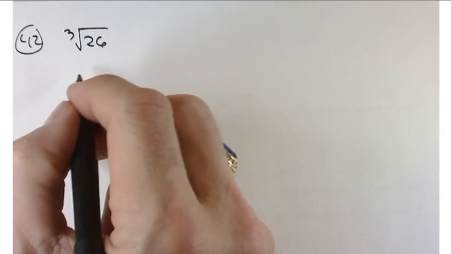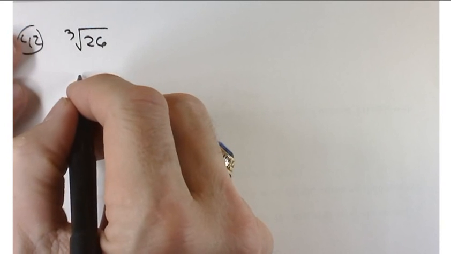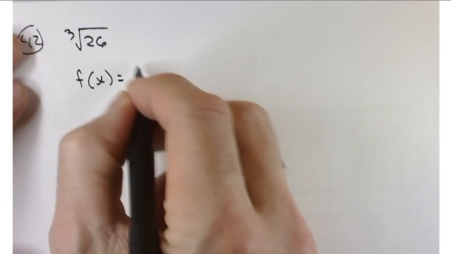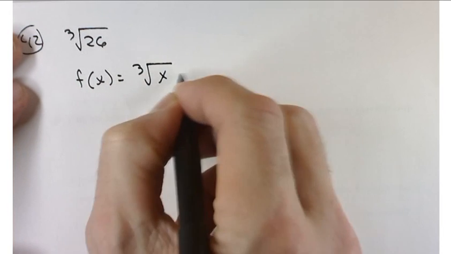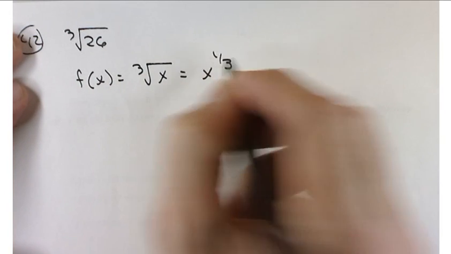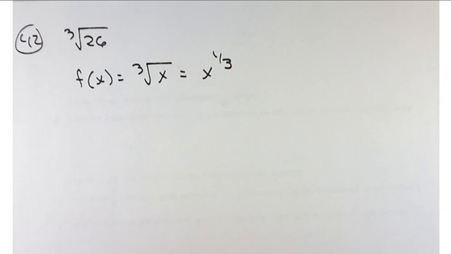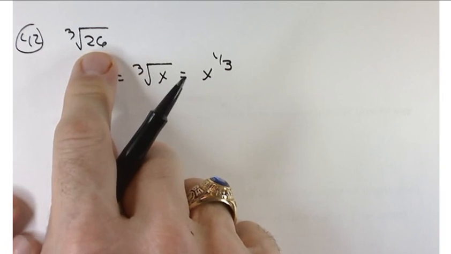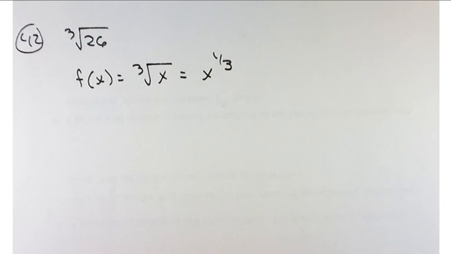So let's take a little bit of a step back and realize that the function I'm dealing with here is f of x is the cube root of x, or better yet, x to the 1/3 power. Now I want to find the cube root of 26. But I don't want to take out a calculator and get an exact value.